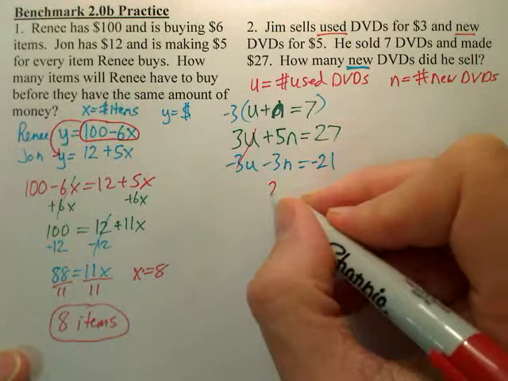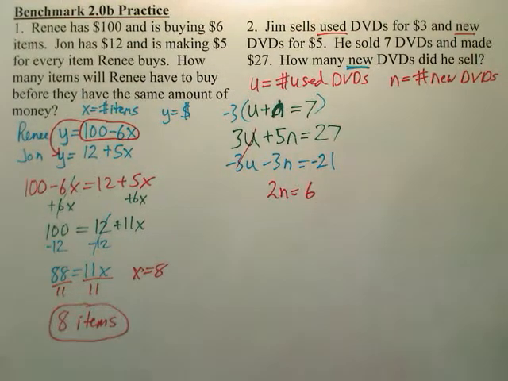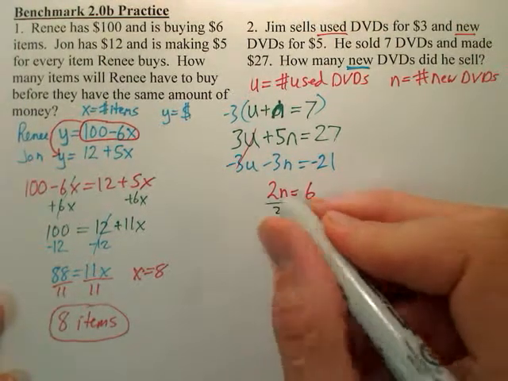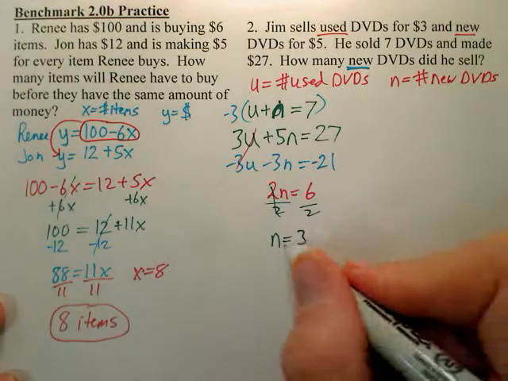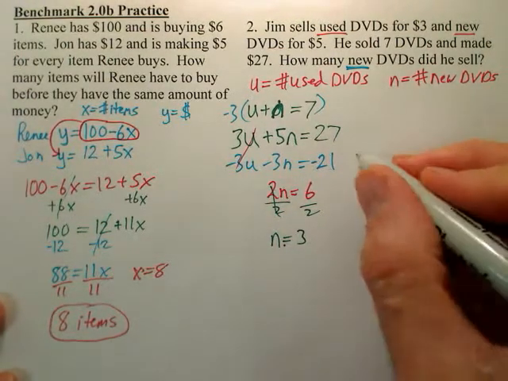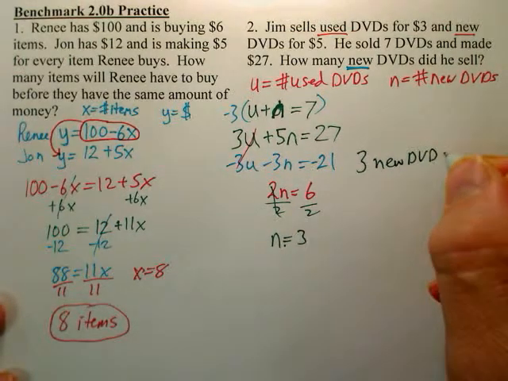That cancels, leaving us 2N equals, looks like 6. So when you divide by 2, N equals 3. N is new DVDs, and that's what they're asking for, so it's 3 new DVDs.